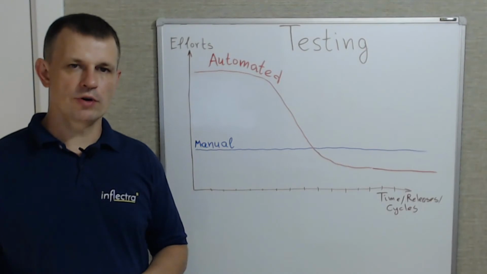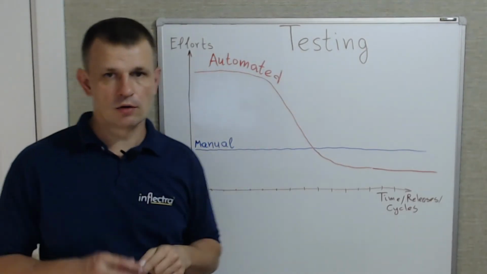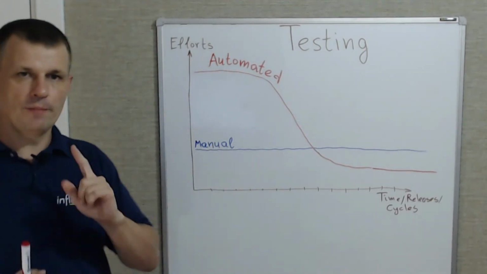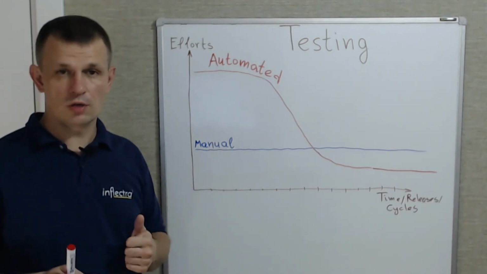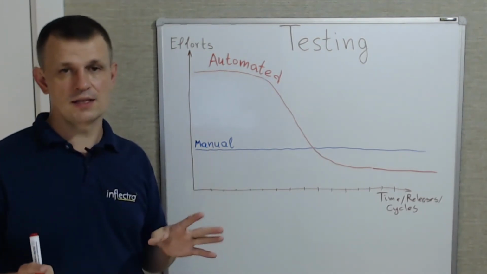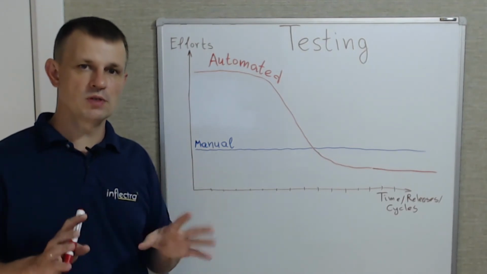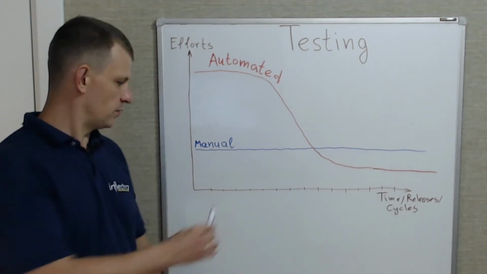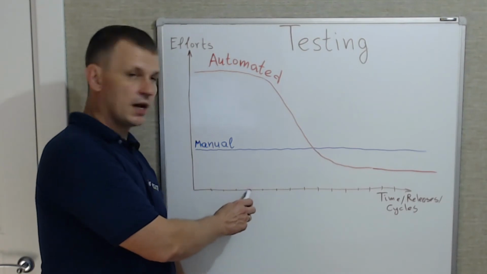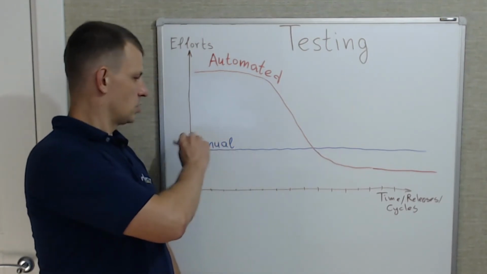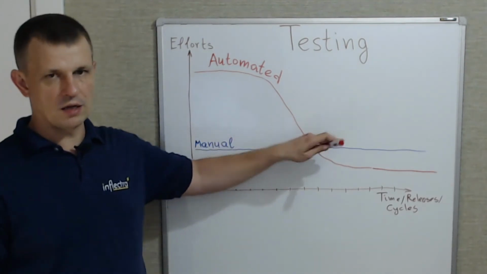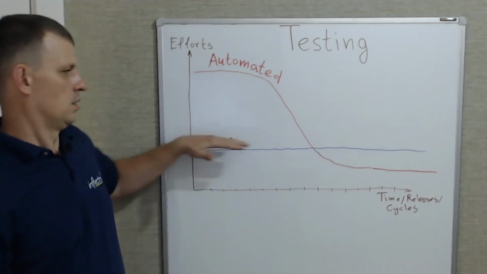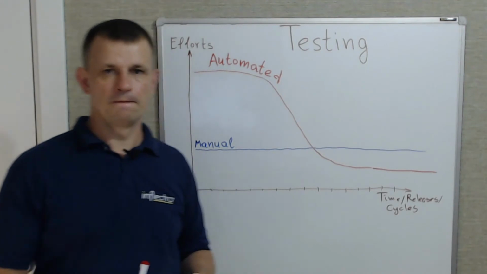If we consider efforts required to do testing of the application, in case of manual tests, we know that execution of whole test set manually requires some specific time, and it is done for each release or for each cycle in the application. So the graph of efforts is close to straight line. It may vary a bit, but it's looking overall like that.